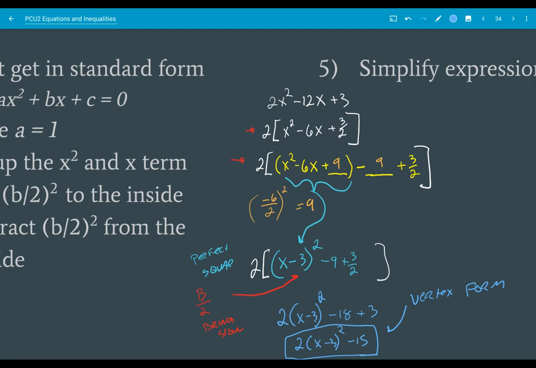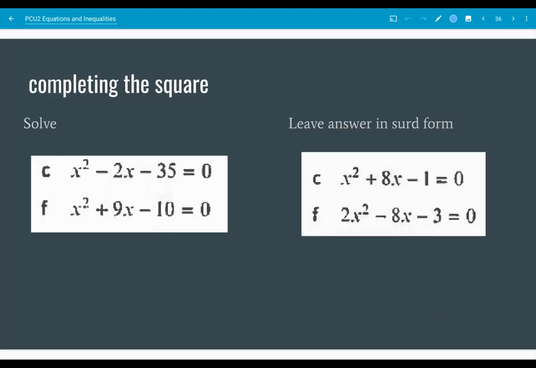You keep going, you get a is 2, which we did, h is 3, which we did, and k is negative 15, which we did. So there you go.